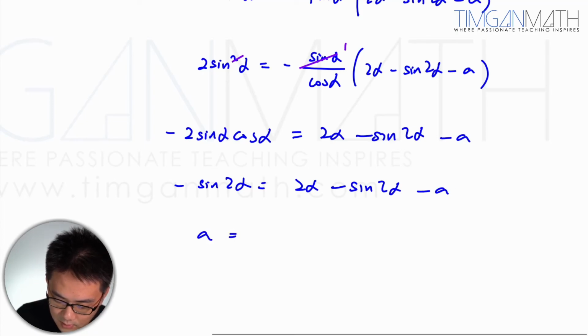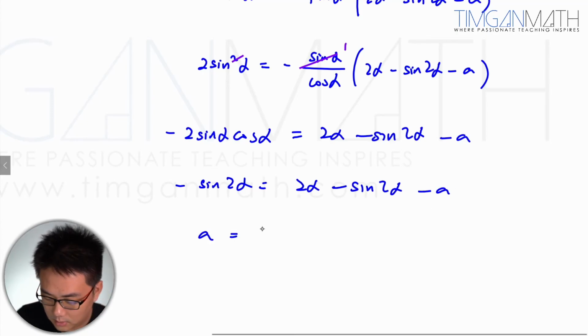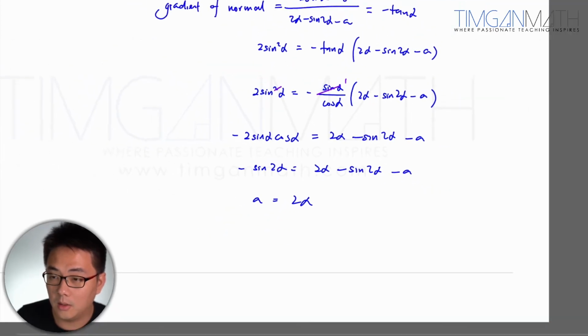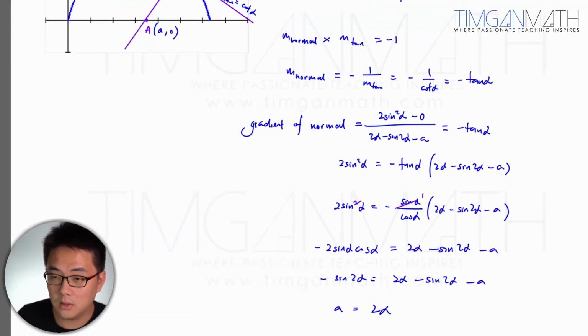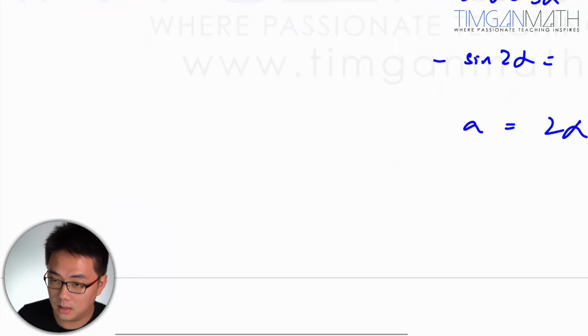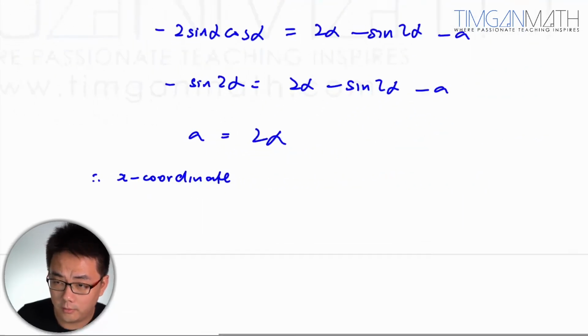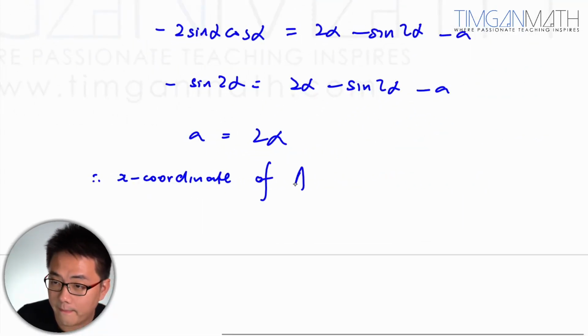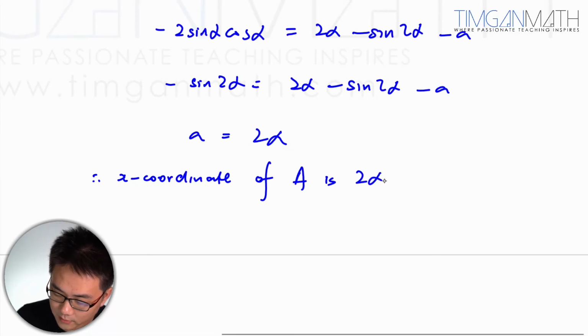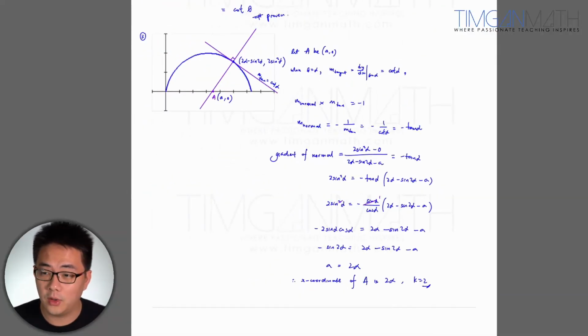So a equals 2 alpha. Okay, hence the x-coordinate of A is 2 alpha. k equals 2. That's how I do this question proficiently.